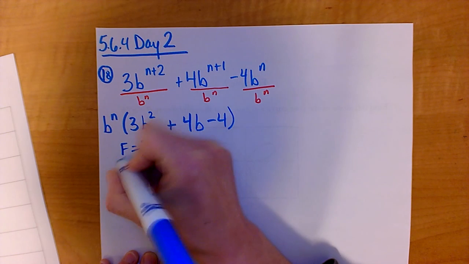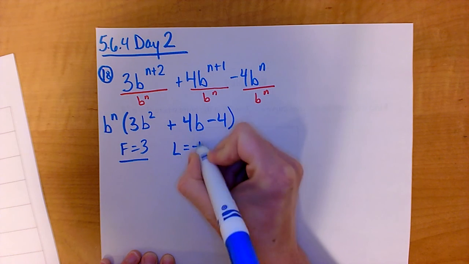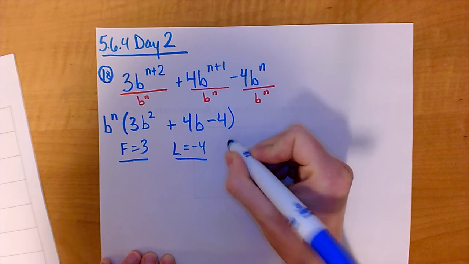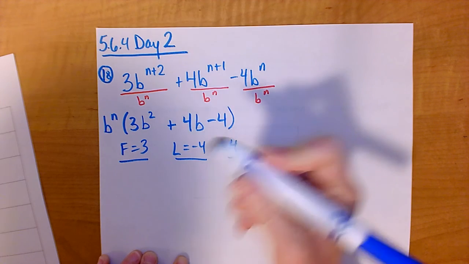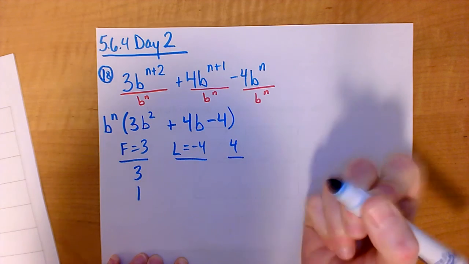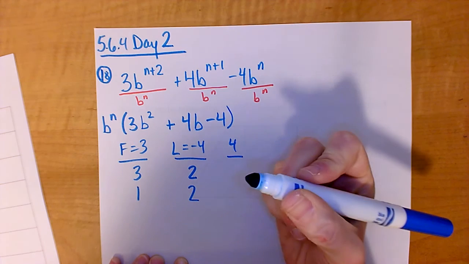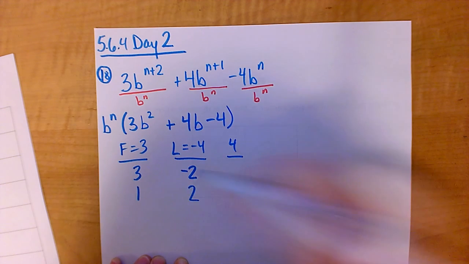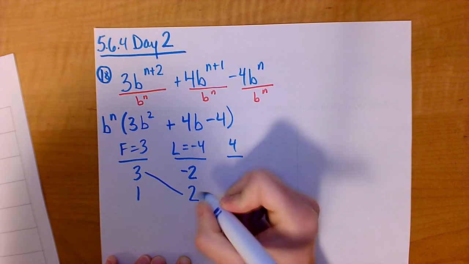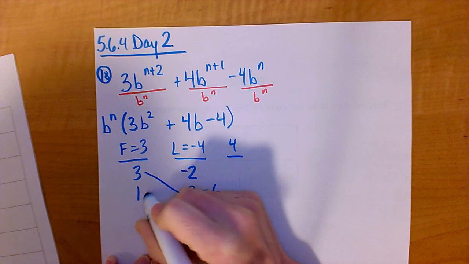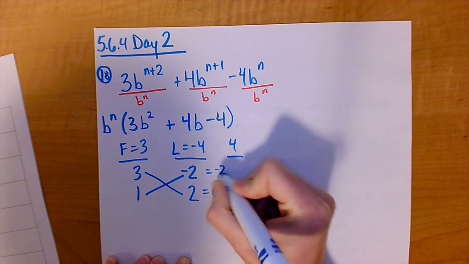Let's say first is 3, last is negative 4, and in the middle we have 4. So let's try 3 and 1, and we'll do something with 2 and 2, and we'll make one of the 2's negative. If we cross multiply, 3 times 2 is 6, 1 times negative 2 is negative 2.